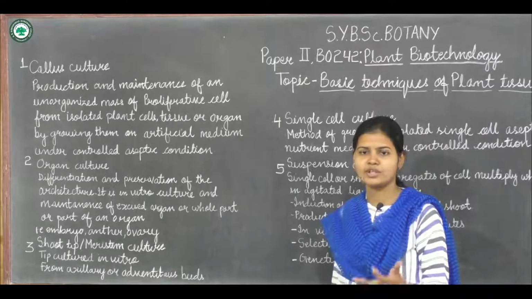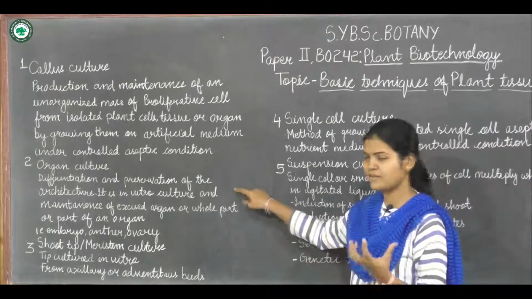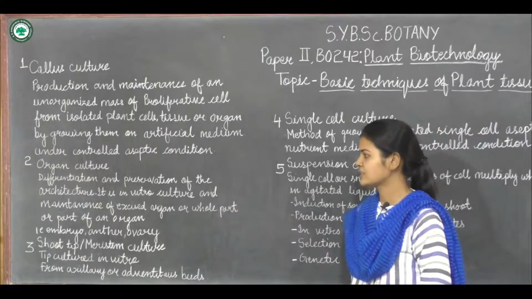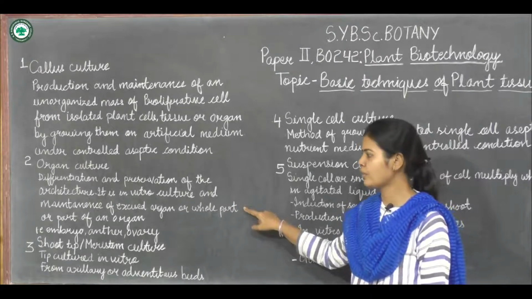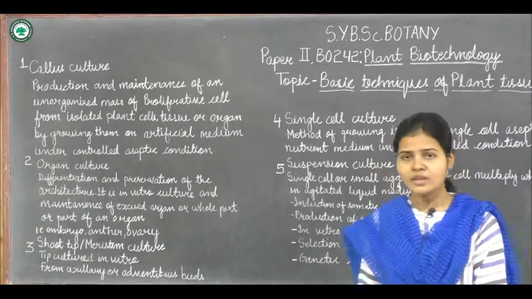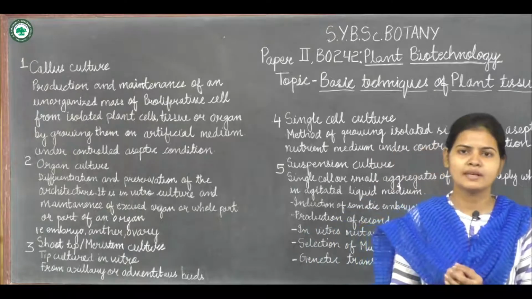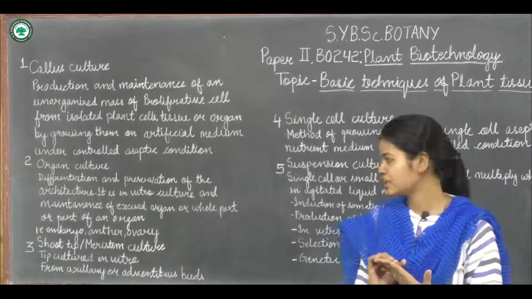As I have already told, it will maintain the architecture of a particular cell or part, and it is the in vitro culture and maintenance of an excised organ, whole plant or part of an organ. So here it is maintaining the architecture of a cell, tissue or organ, or even a complete plant.